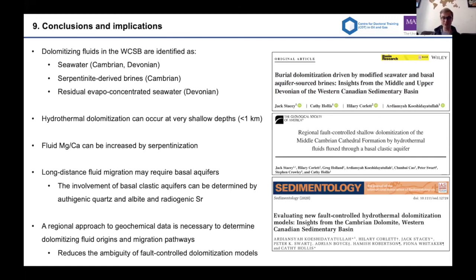Hamish, who worked with us on this, has been looking mostly at reactive transport modeling, and has shown that the whole process of serpentinization can produce very magnesium-rich fluids. But in terms of me quantifying that from this, I'm not entirely sure. Sorry.